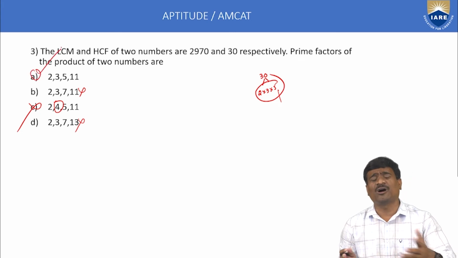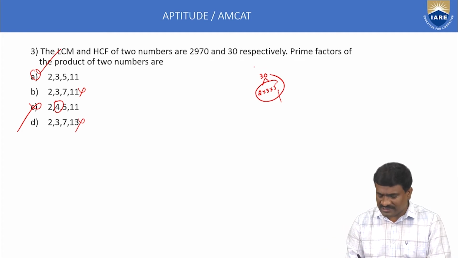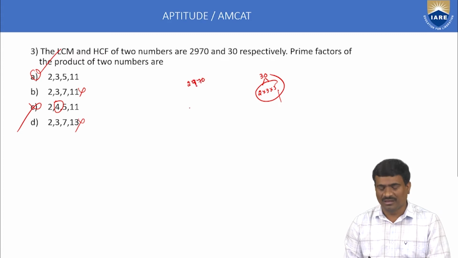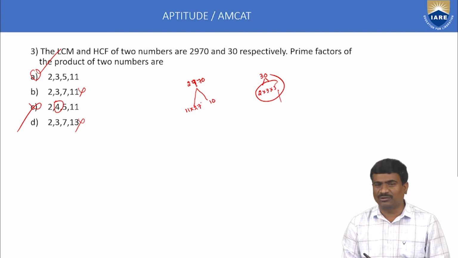This is called the option verification method. General method: HCF 30 is 2 into 3 into 5. Similarly, convert LCM 2970 into prime factors. First, 297 into 10. Next, 297 is 11 into 27, which is 11 into 3 cube, 3 into 3 into 3. Next, 10 means 2 into 5.